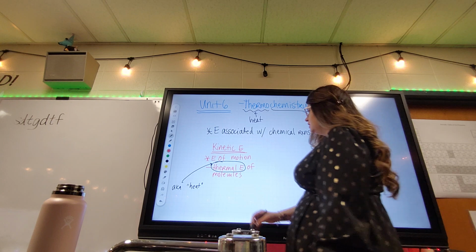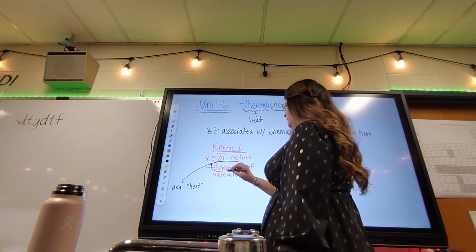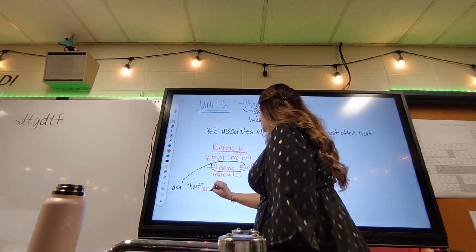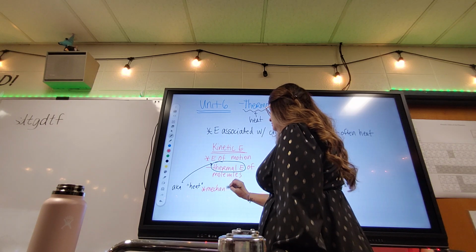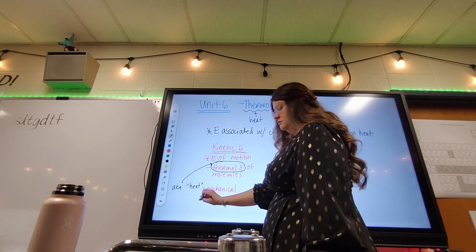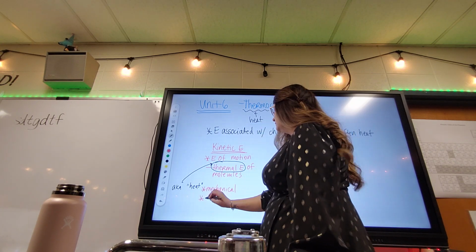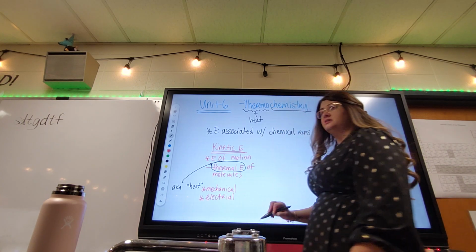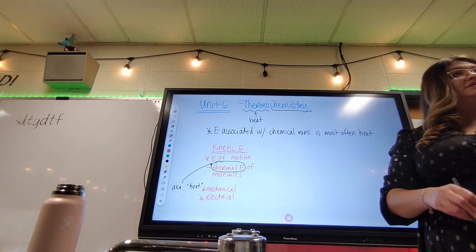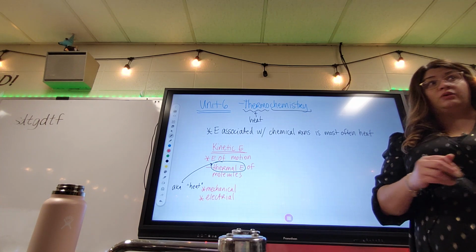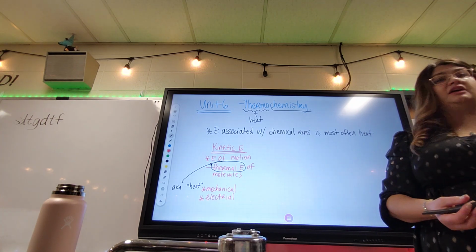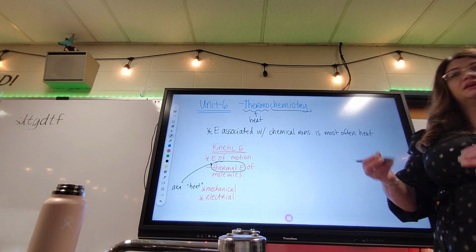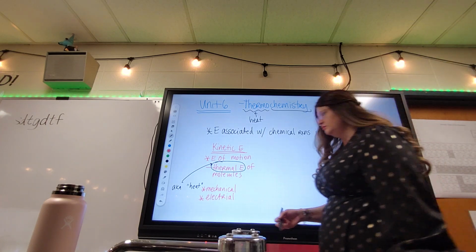Okay, so the other forms of kinetic energy would be mechanical energy, and electrical, because remember that electrical energy is the flow of electrons, and if electrons are flowing, that means by definition that they are moving. So that must be a kinetic energy form.